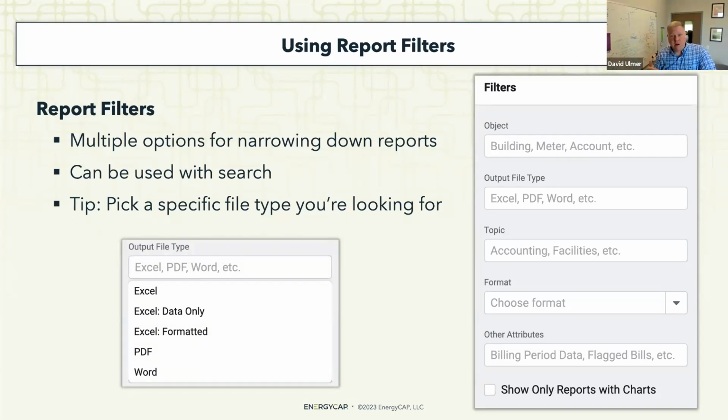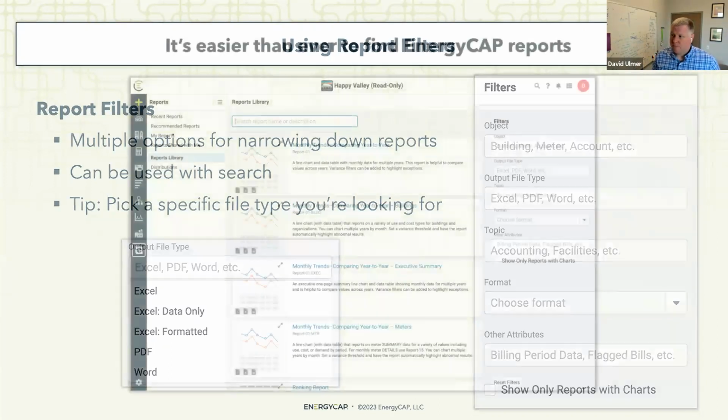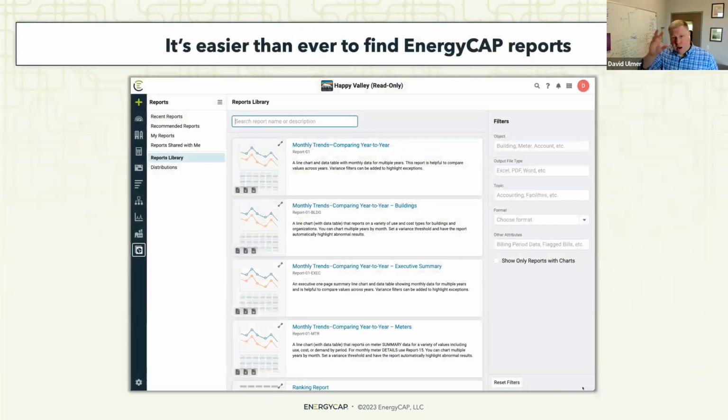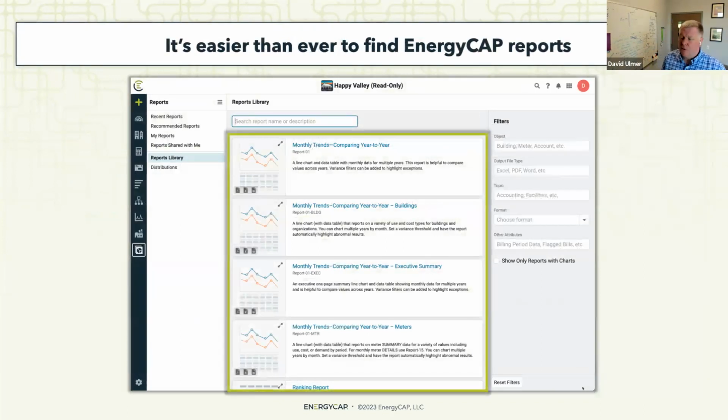And then you're not picking a report and then going, oh, well, it's not in the particular format that I wanted it to be. So that's just one quick and easy way that you can use report filters, but there are lots of other options here based on topic, based on format, etc. So those are a couple of different options that are available to help you find reports and save reports in a way that makes sense for you.